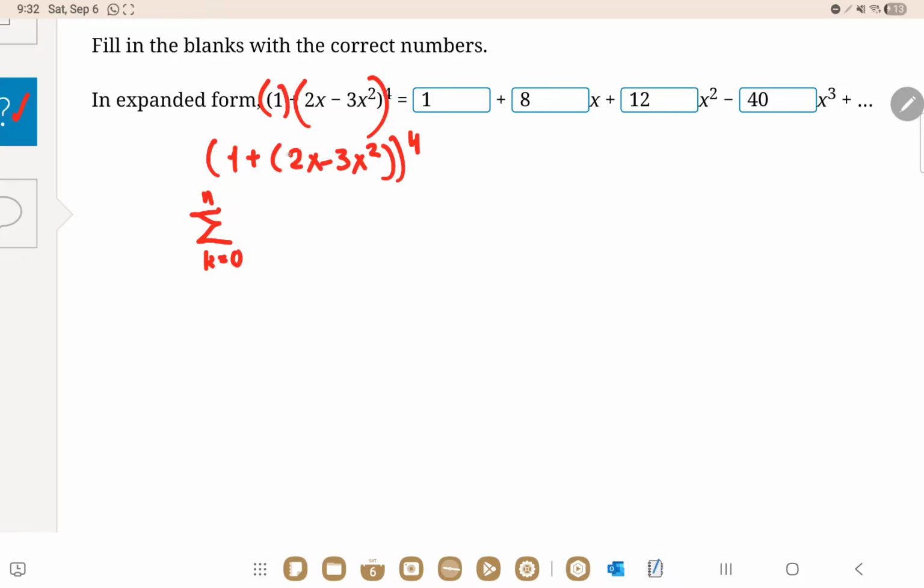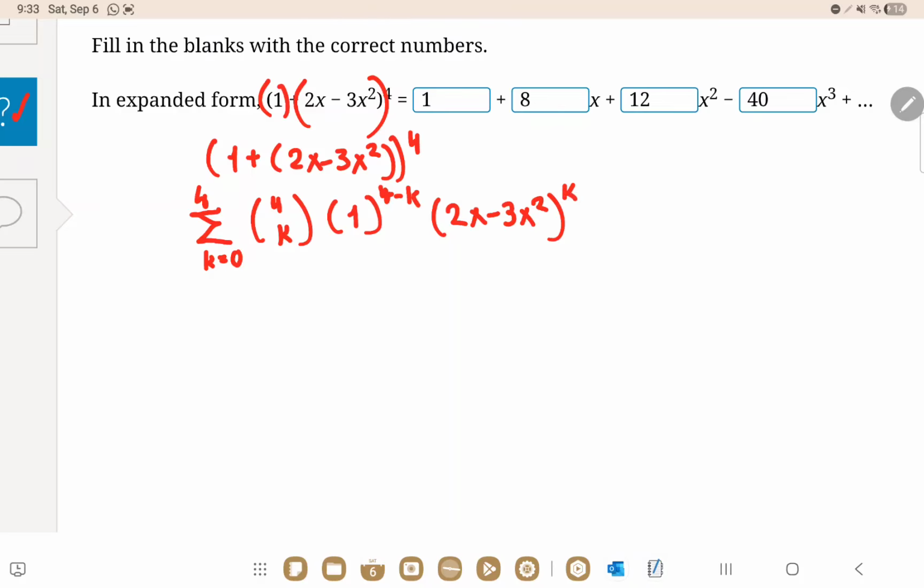In this case, our n would be the exponent, which is 4, of n, which is 4, combination k times a to the power of n minus k, which is 4 minus k, into b, which is 2x minus 3x squared, power k.